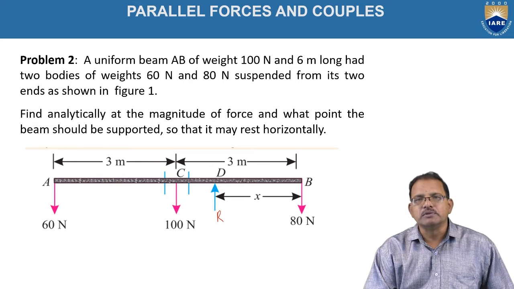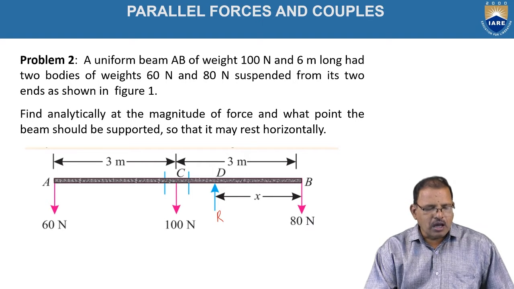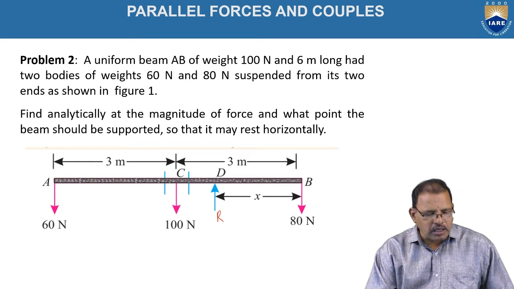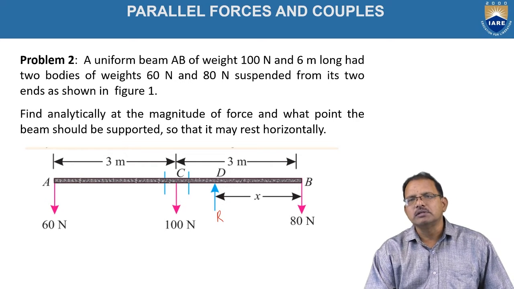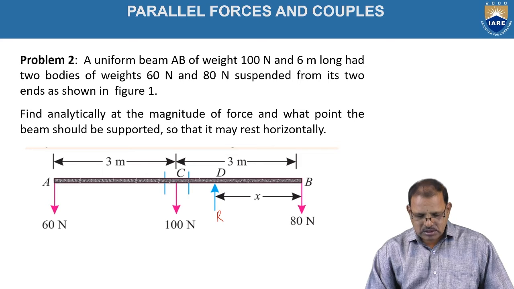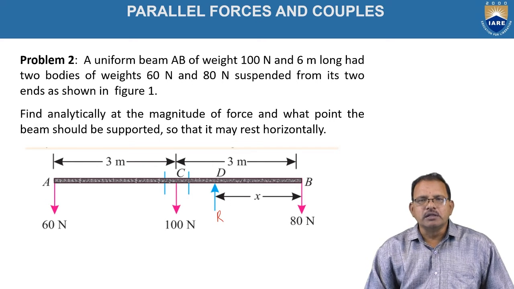According to the Varignon principle, at a given point, it may be A or B or C or D, the moment created by the resultant force is equal to the algebraic sum of the moments created by its components, that is 60 newtons, 100 newtons and 80 newtons at that point. By using these equations, we can determine the magnitude of the resultant force as well as the distance at which it should be supported.